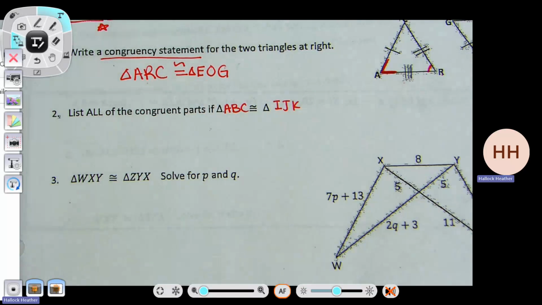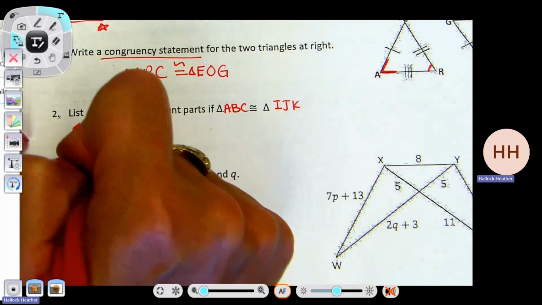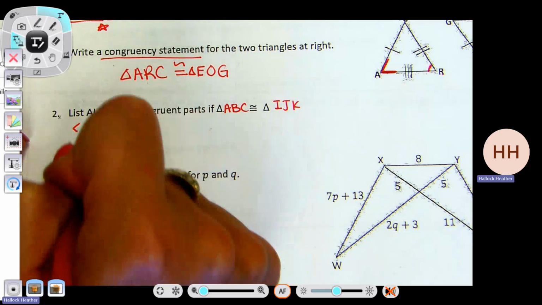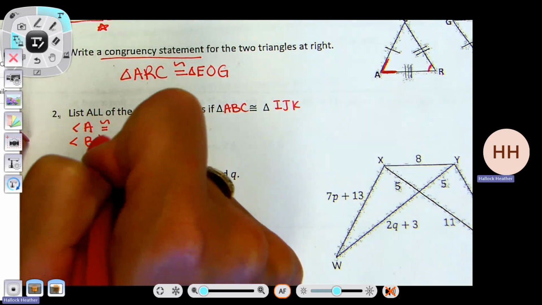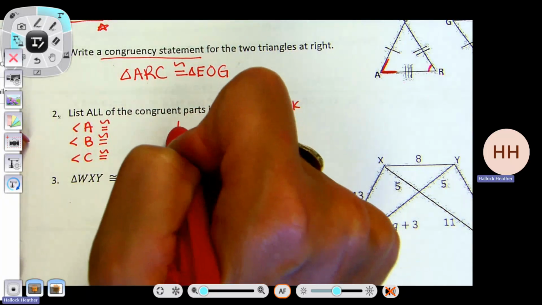So you have to list all 3 angles that are congruent, and you have to list all 3 sides that are congruent. Take a second, do the angles. The angles are easy peasy, lemon squeezy. So I want you to list out angle A is congruent to something, angle B is congruent to something, and angle C. And then you're going to do the same thing for the sides.